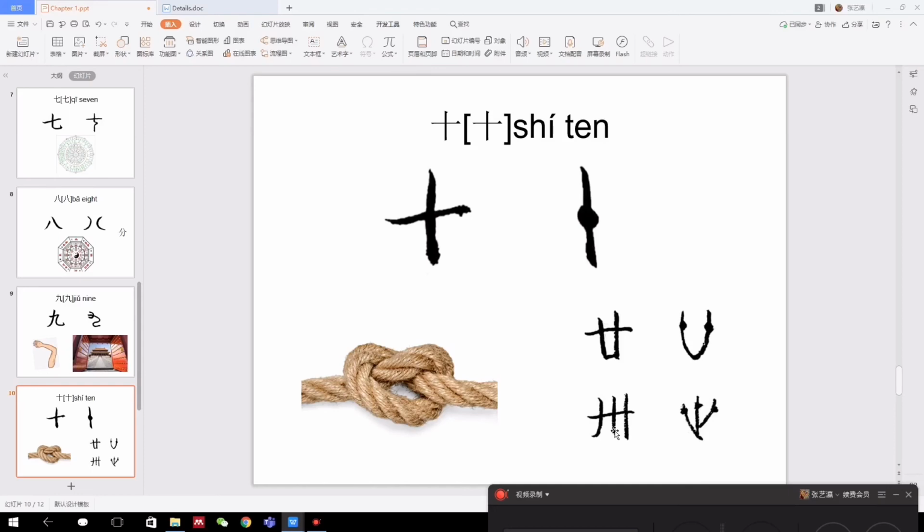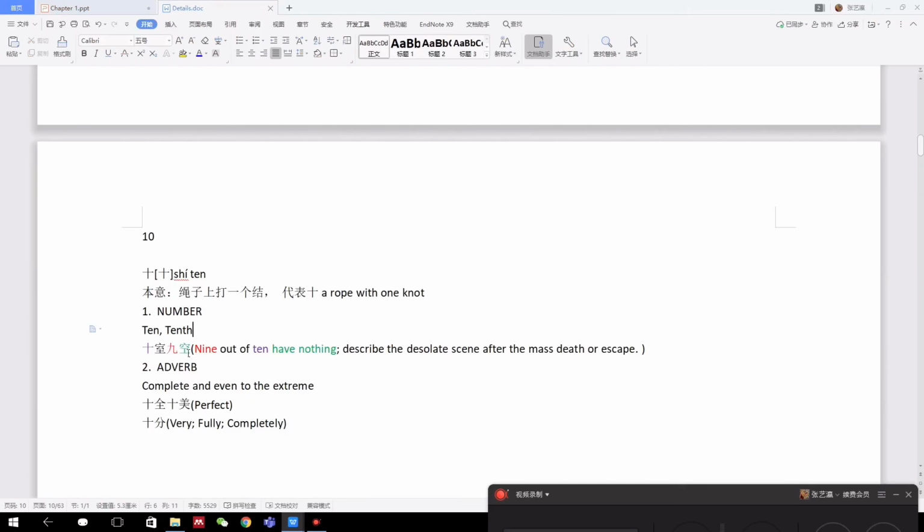For example, 十室九空, 9 out of 10 houses are empty. It describes the situation during war or pandemic: 9 families of the 10 houses have been empty. And it can also mean perfect, complete, like 十全十美, perfect, 十分, very, fully, completed.